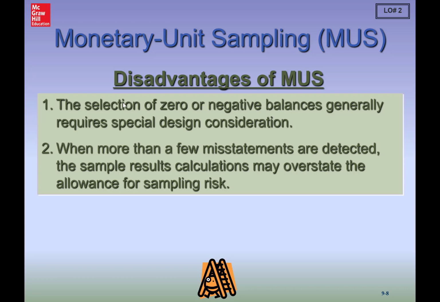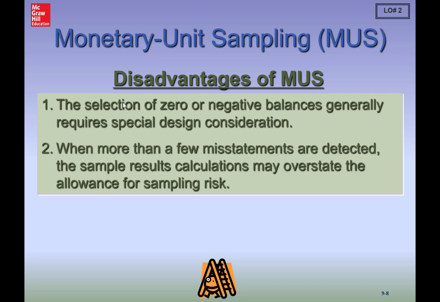And if you have a zero amount, what I would recommend is that you look at the nature of that zero. Okay, auditor judgment starts to come in. Is this a client's customer that has been zero for some time?